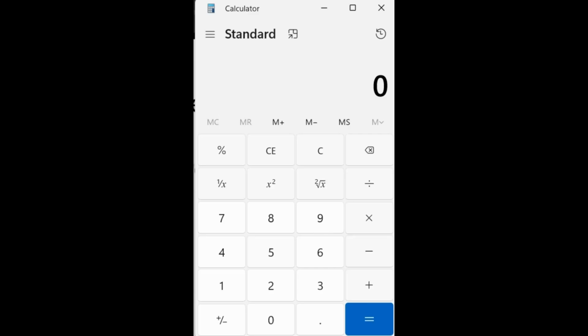Now, what I will say is that a standard mode calculator on a computer and a lot of your cheap calculators work in what's called immediate execution mode.